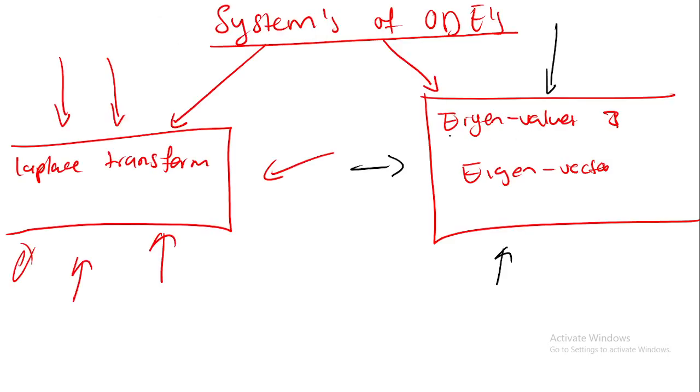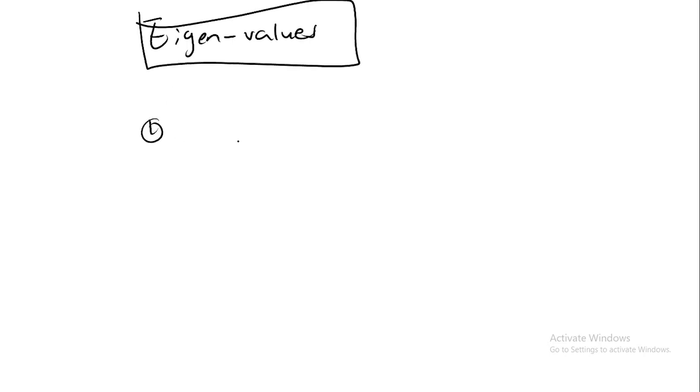If we try to look at this part here, it says eigenvalues. Eigenvalues are divided into three. What do I mean by eigenvalues are divided into three? I'm only referring to the nature of the roots.